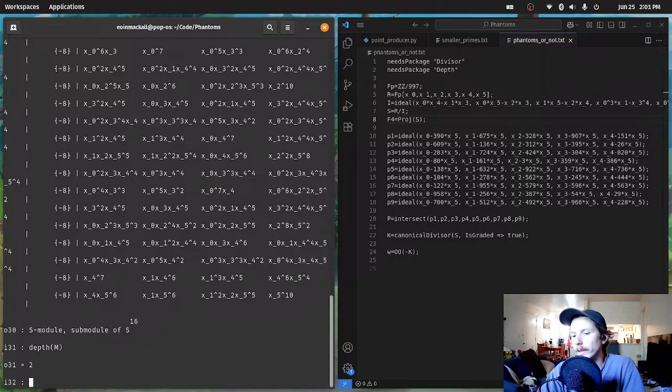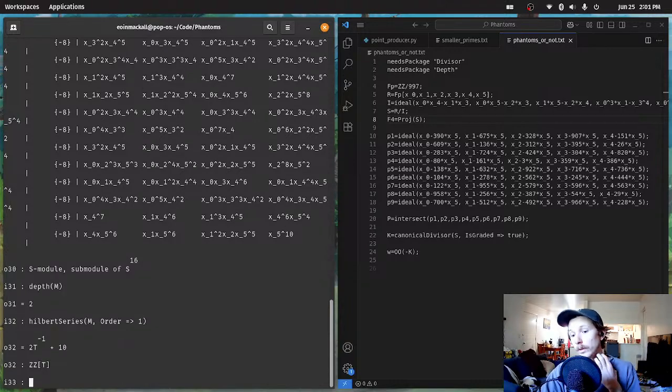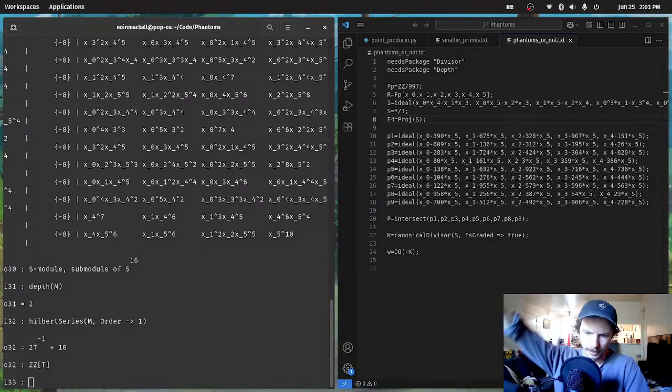So if I calculate this, this is actually the right thing. Okay, yeah, so this is giving me the right thing. So somehow the canonical divisor function is not doing what I think it should be doing in this case, I feel like.